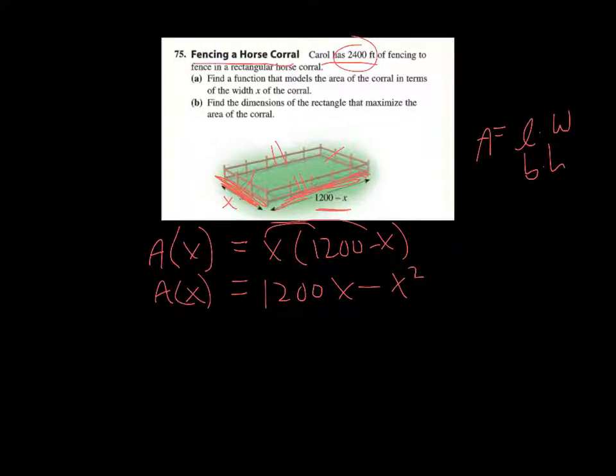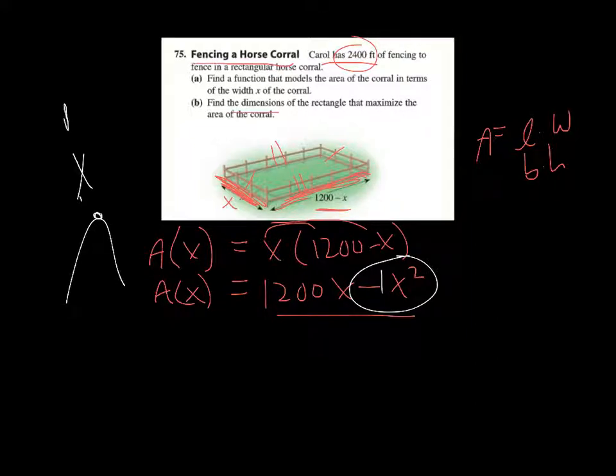We're just maximizing this area. Again, we have a negative 1 quadratic coefficient, so definitely this parabola is opening down, and the x value will be the thing we're looking to maximize, right? The y value will be the actual area that is the result of maximizing.